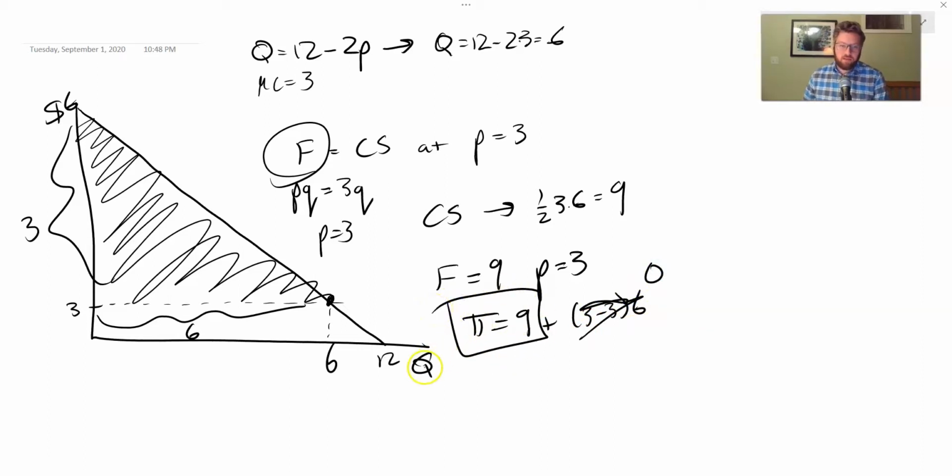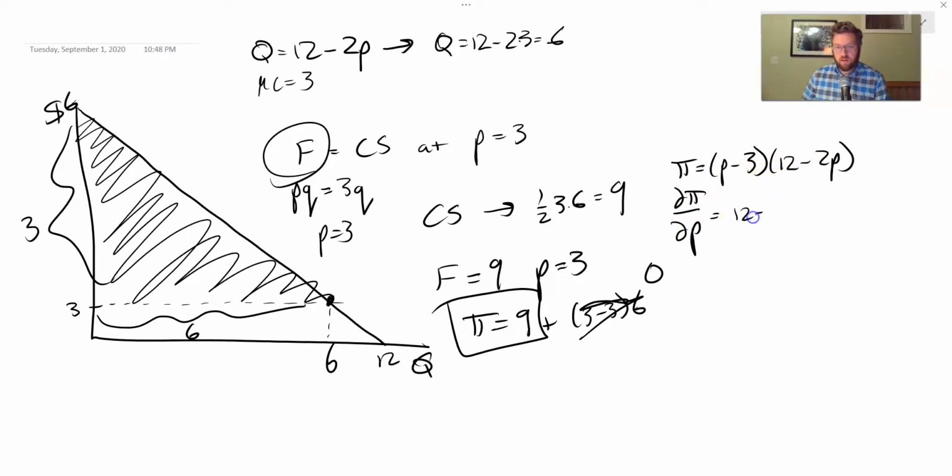Now, as a point of comparison, what if we just used a standard monopoly? Like, what if we set this up and said, all right, choose a price, and our profit per unit will be that price minus 3, and multiply by 12 minus 2p. Take the derivative with respect to the price, and we've got to use our product rule.